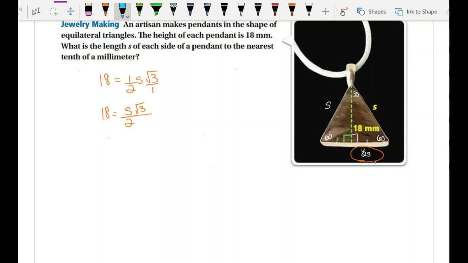I need to get 2 out from the bottom, so I'm going to multiply it times 2. These cancel. What I do to one side, I have to do to the other. So 2 times 18 gives me what? That gives me 36 is equal to s square root of 3. Now I'm going to divide both sides by square root of 3.